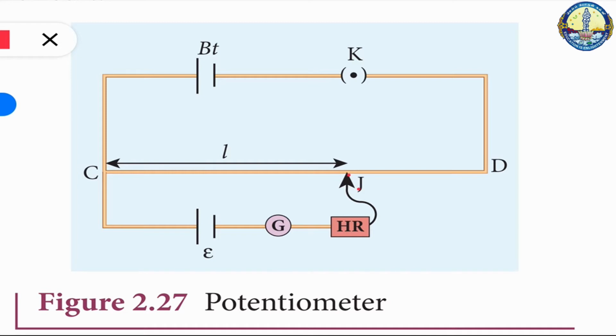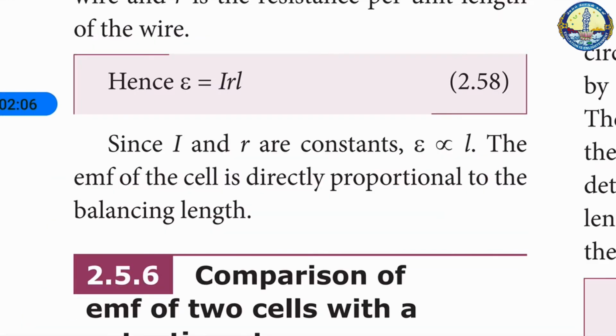So the potential difference across the wire is equal to I R L, where I is the current flowing through the wire and R is the resistance per unit length of the wire. Since I and R are constants, the EMF is directly proportional to the length. The EMF of the cell is directly proportional to the balancing length.